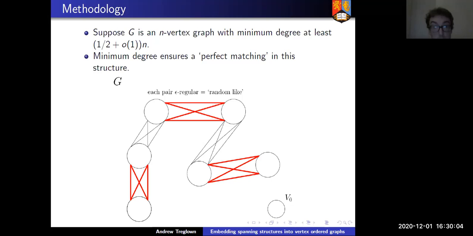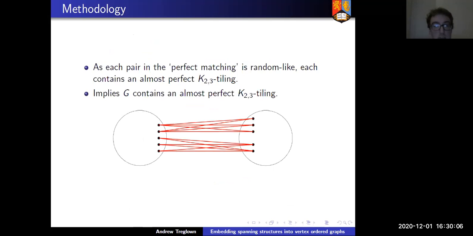Then what you do is zoom in. You now zoom into an epsilon-regular pair. Here's an epsilon-regular pair I made earlier. You use the fact that the edges are distributed in a random-like way to conclude that it has an almost perfect K_{2,3} tiling in here.